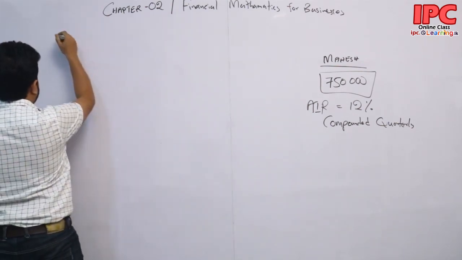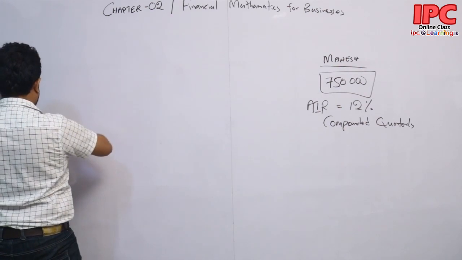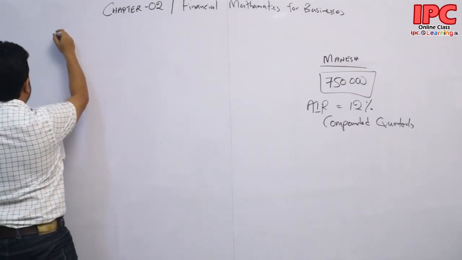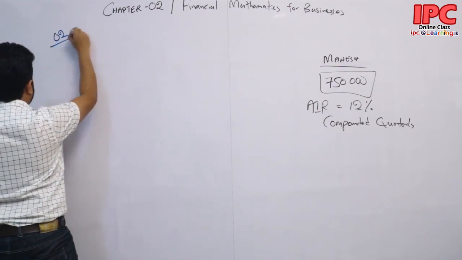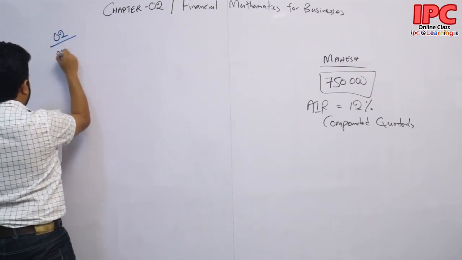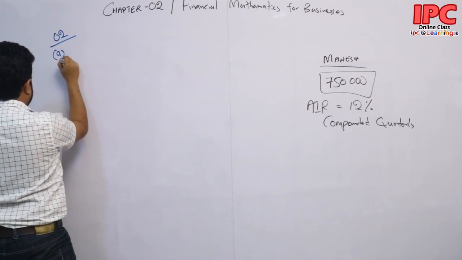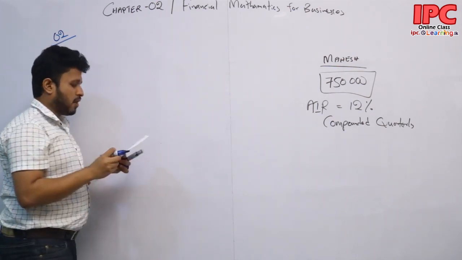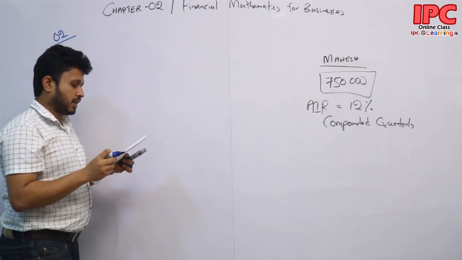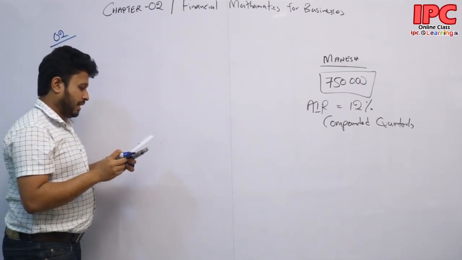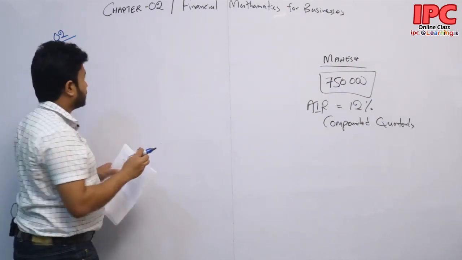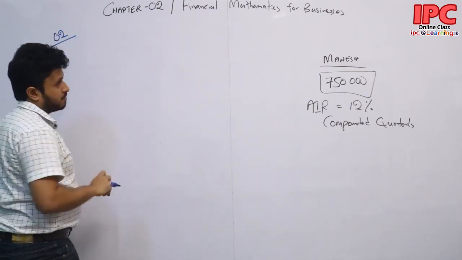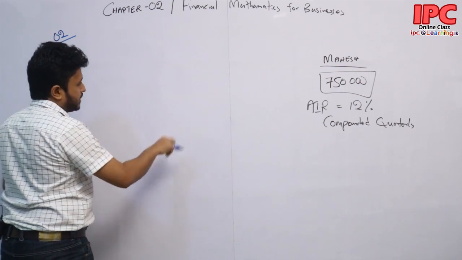Question number 2, part A, point 1: the total amount in his account at the end of the second year. So what is the equation?